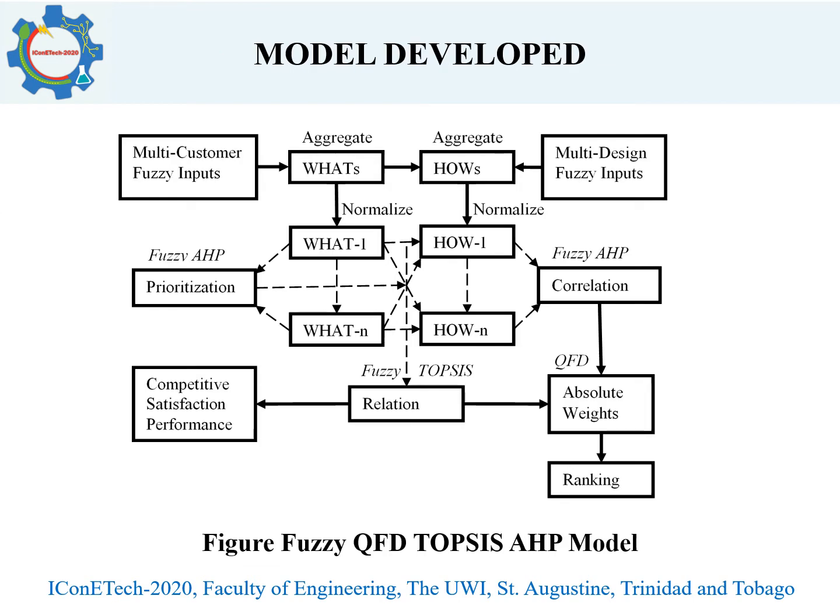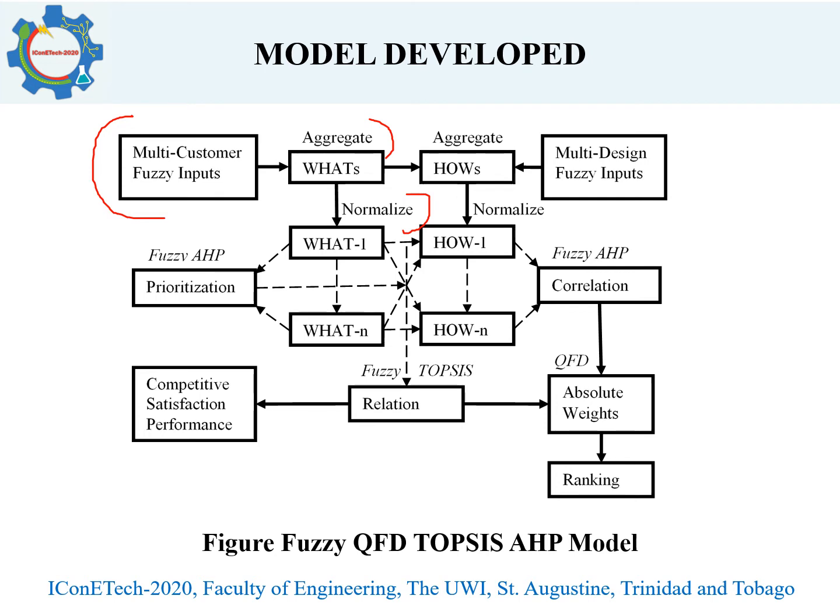Now let's take a look at the proposed fuzzy QFD-TOPSIS-AHP model. Starting on the top left, multiple groups formed by customers identify and provide fuzzy data for the whats. This fuzzy whats data is aggregated and normalized.